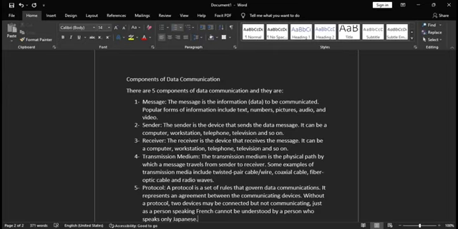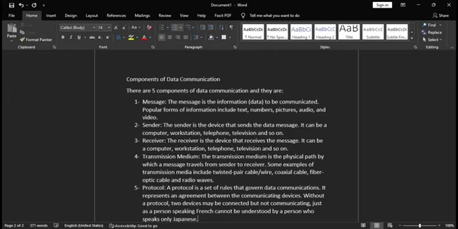4, transmission medium. The transmission medium is the physical path, whatever physical medium is being used, or means by which message travels from sender to receiver. Some examples include twisted pair cable or wire, coaxial cable, fiber optic cable, and radio waves. 5, protocol.